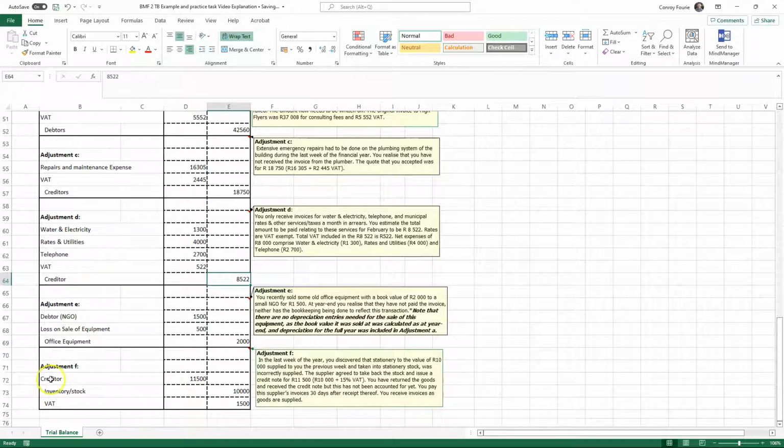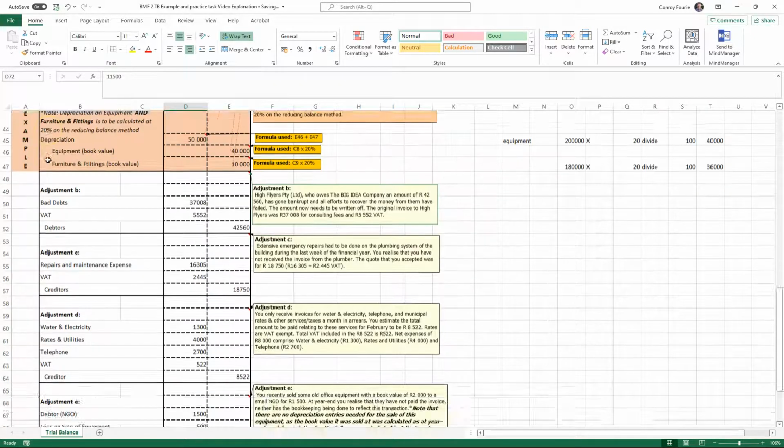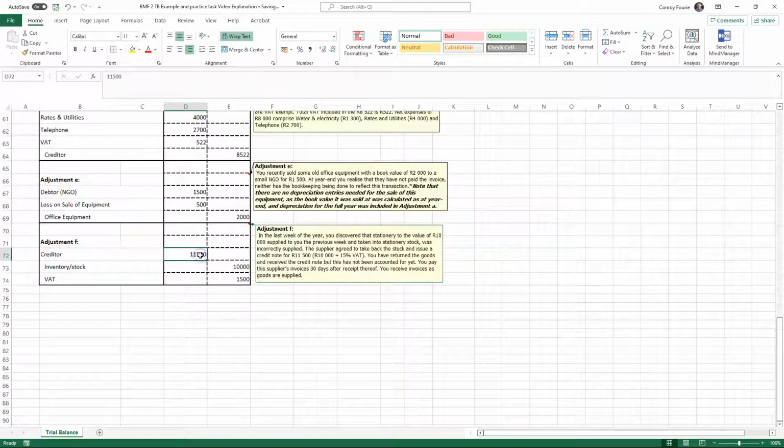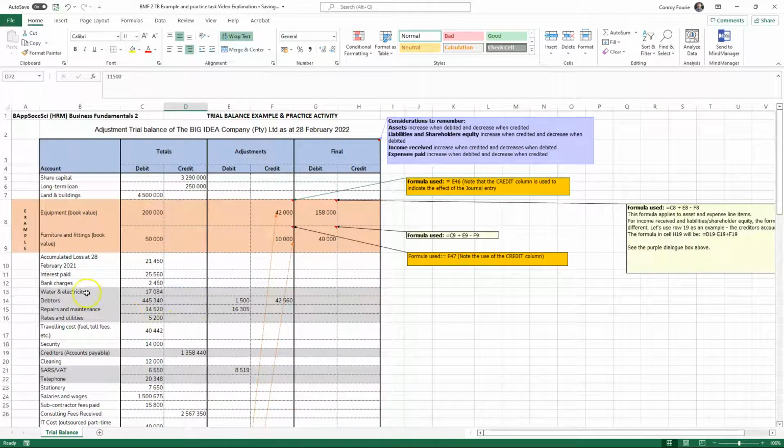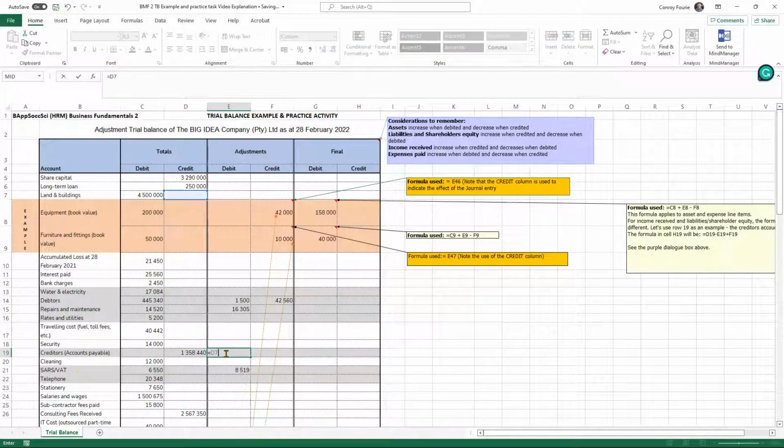So in this case, the creditor's got a debit over there. Are there any other debits for creditors? No, only that one. So that is D72, equal D72.